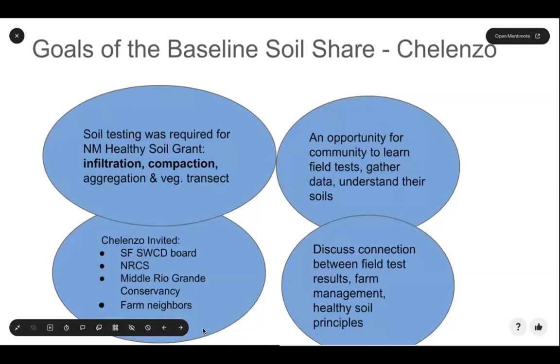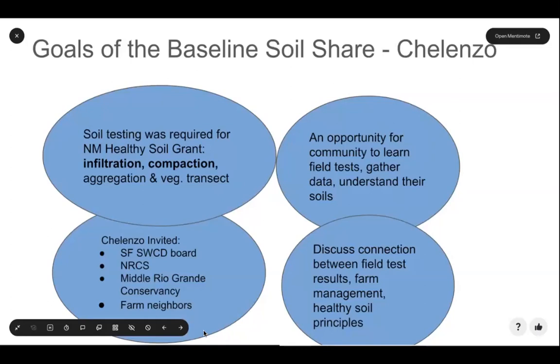That required us doing an infiltration test, which helps us understand how water is infiltrating through the soil. We wanted to look at soil compaction. And we also looked at the soil aggregation through a slake test and did a vegetative transect, which helped us understand what the vegetative cover is versus the bare ground on site, on field C and D.